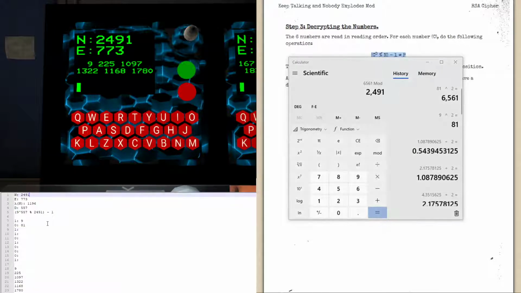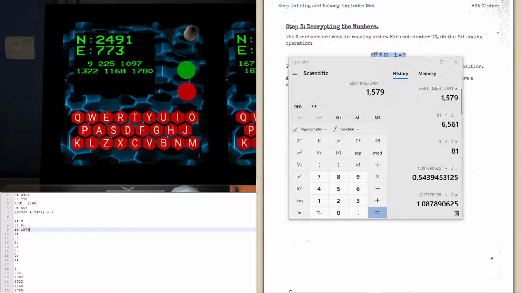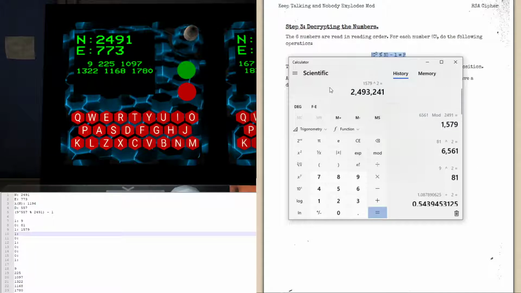I'm just going to copy this value. Mod 2491, that gives us 1579. Take this to the power of 2 and modulate this by this. This gives us 2241.